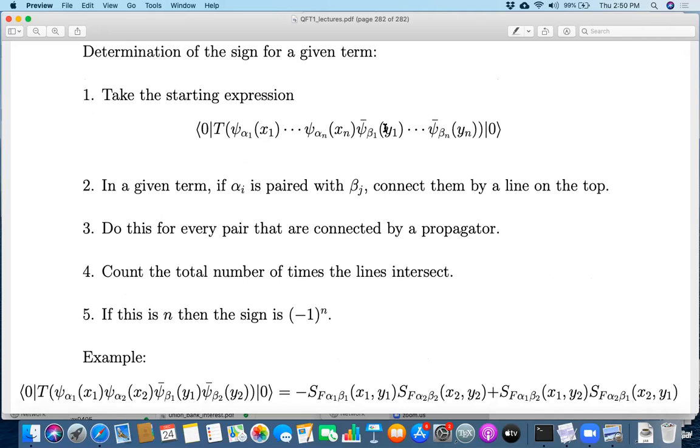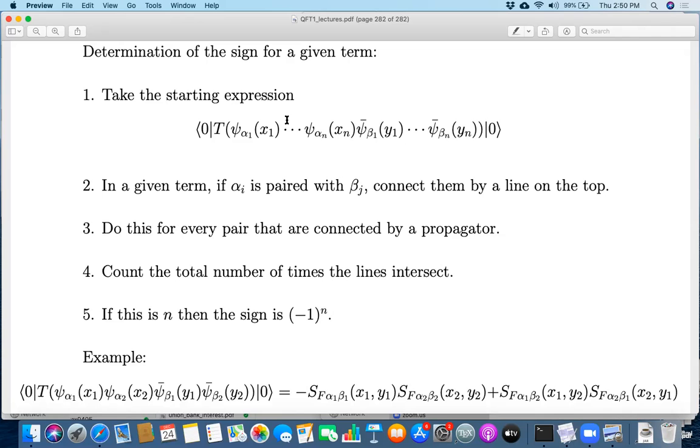Once you have done that, you can apply this rule. But during the process of bringing the psis to the left of the psi bars, you may pick up additional signs, because every time a psi crosses a psi bar or a psi itself, you pick up a minus sign. That's because inside the time ordering, any exchange of fermionic operators costs a sign.